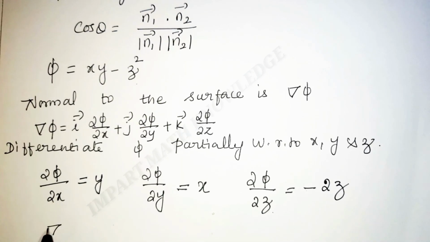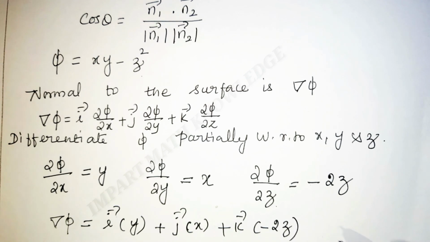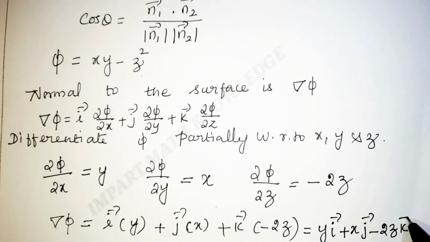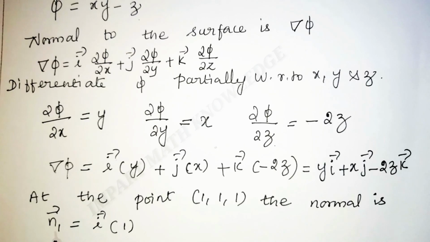Now del pi is equal to i vector y plus j vector x plus k vector minus 2z, that is y i vector plus x j vector minus 2z k vector. At the point 1, 1, 1, the normal n1 vector is equal to i vector (y value is 1), j vector (x value is 1), k vector minus 2 into 1.